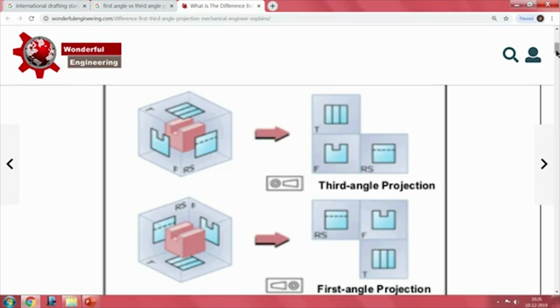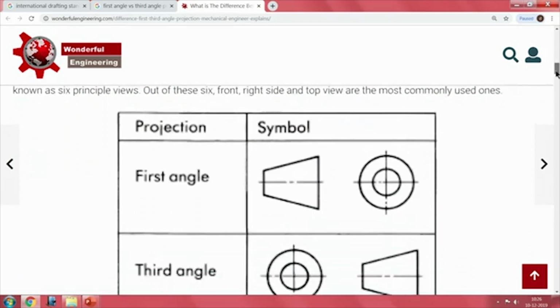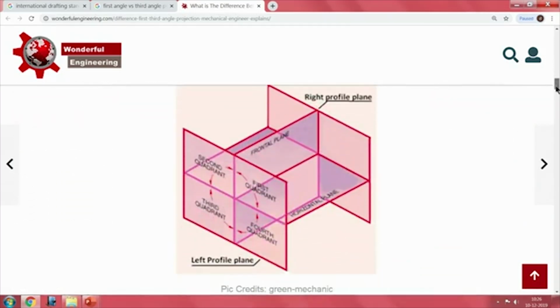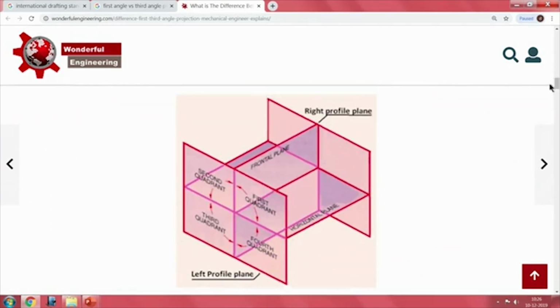So, in this case, that is a symbol which shows all this. This is a little bit of what pure engineering students will probably need. So, do not worry too much about it.